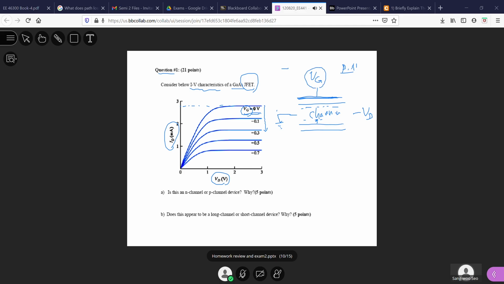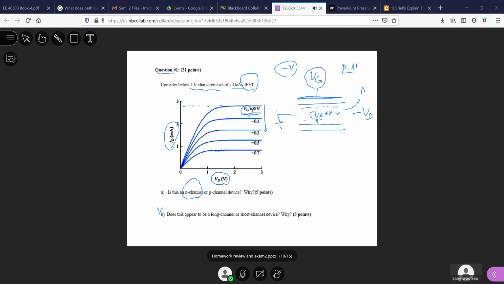To apply the more negative voltage to create larger and larger depletion, the channel should be N. So that answers it: this should be an N channel.